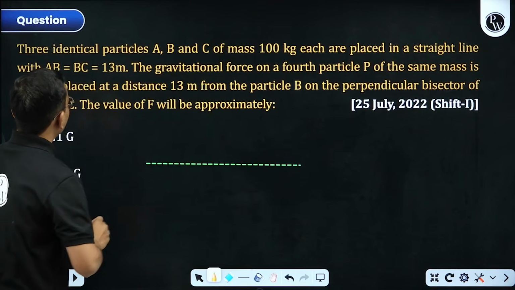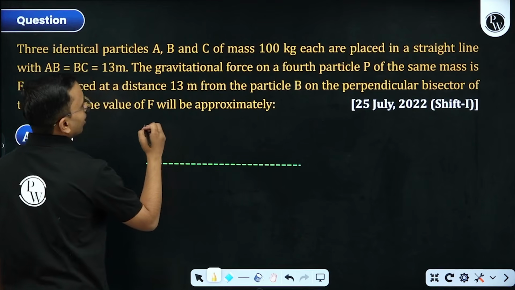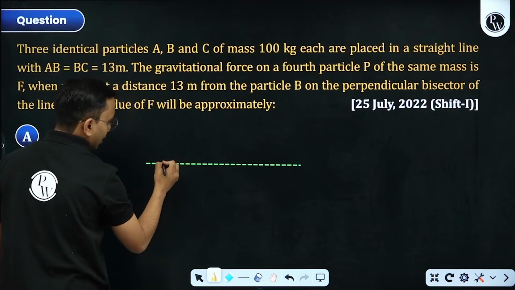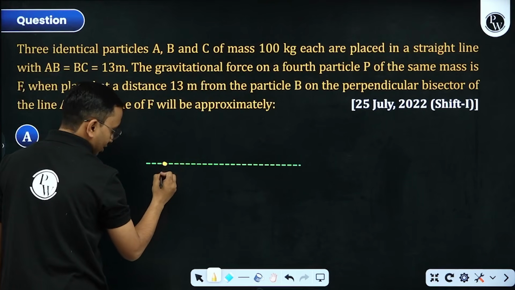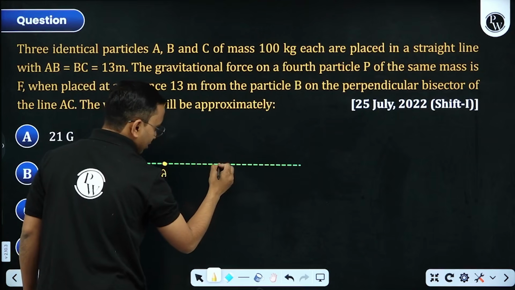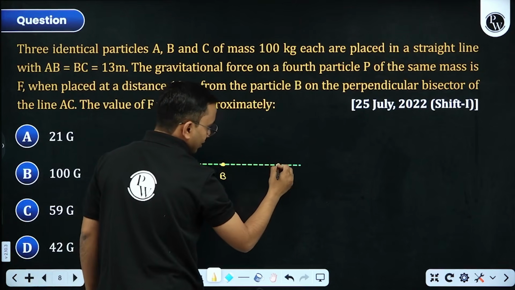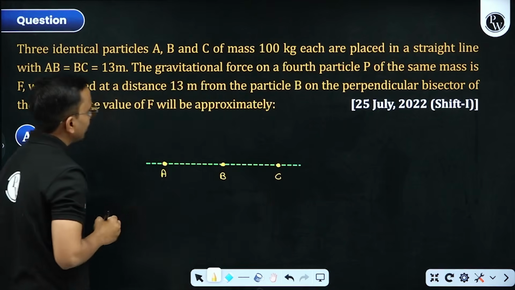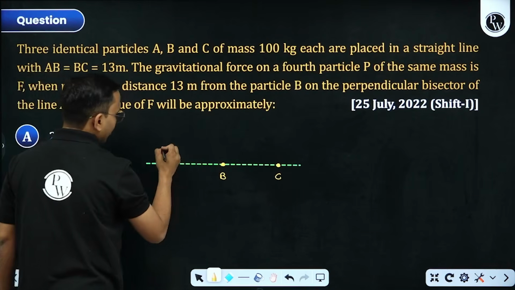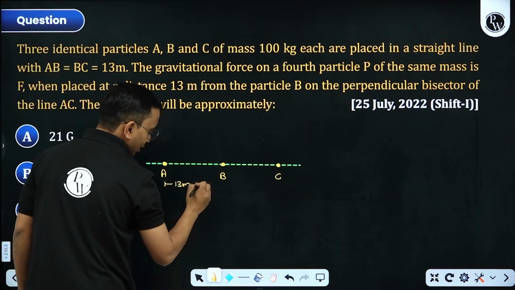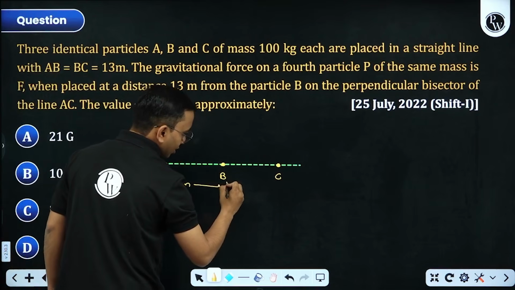Three masses A, B and C, each of 100 kg. This is my A, this is B, and this is C. Each is 100 kg, and AB is 13 meter, and BC is also 13 meter.